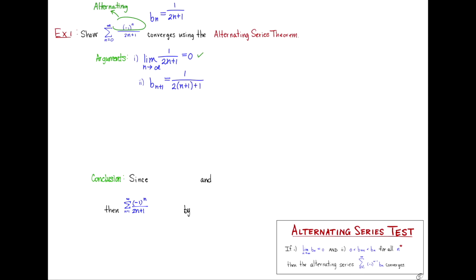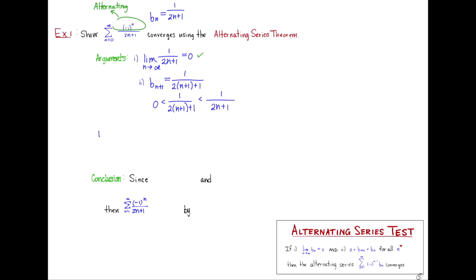In order for our terms to be positive and decreasing, we need 0 less than b sub n plus 1, which is 1 over 2 times n plus 1 plus 1, less than 1 over 2n plus 1.